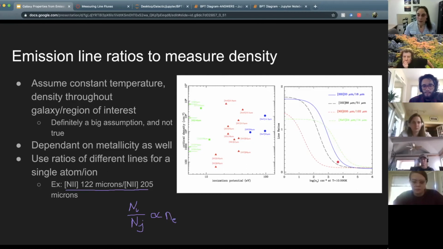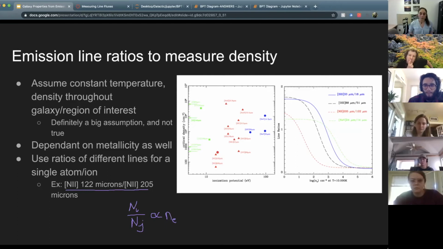The other thing that's going to help you choose which emission line ratio to use is the ionization potential of the different lines, which is what is being shown over here if you can read it. For example, because nitrogen is the one I know the best, that's what I'm going to focus on. In order to get singly ionized nitrogen, you need photons with 14.5 electron volts of energy.